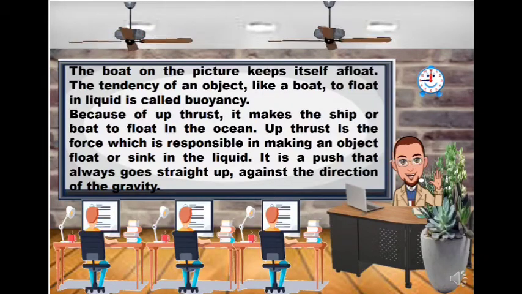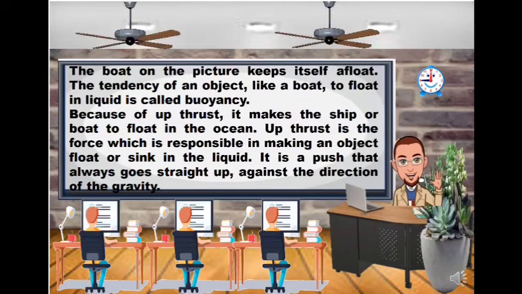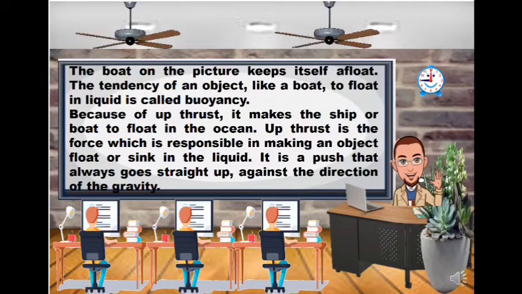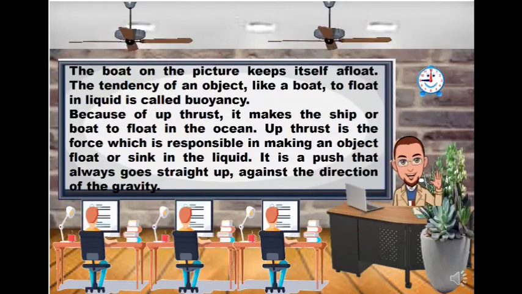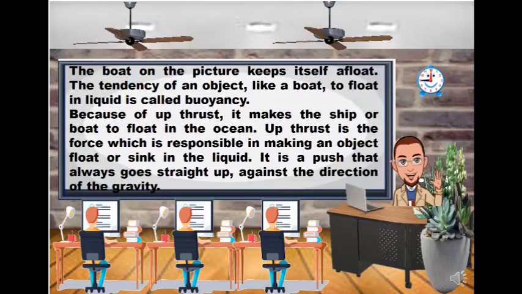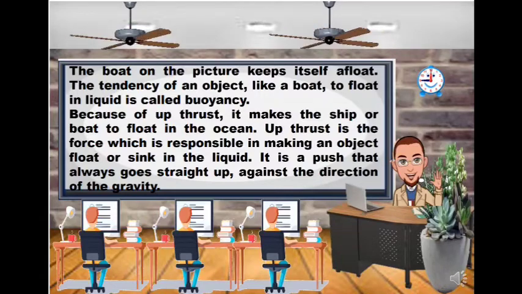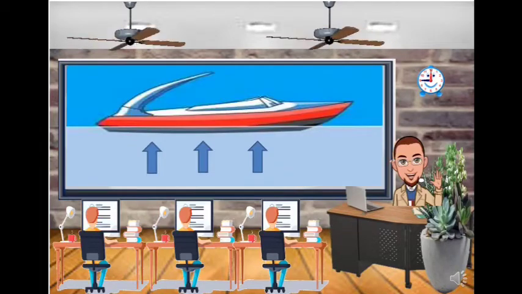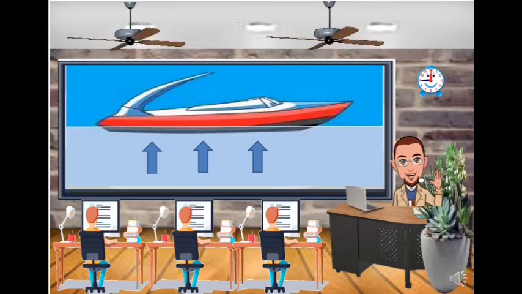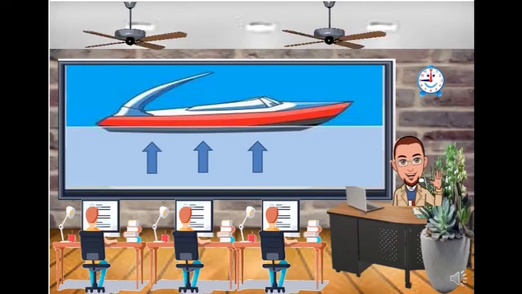The upthrust is the force which is responsible in making an object float or sink in the liquid. It is a push that always goes straight up against the direction of gravity. So, kung makikita po natin sa picture, may mga arrow na pataas. So, yun yung force against gravity that makes the boat float.